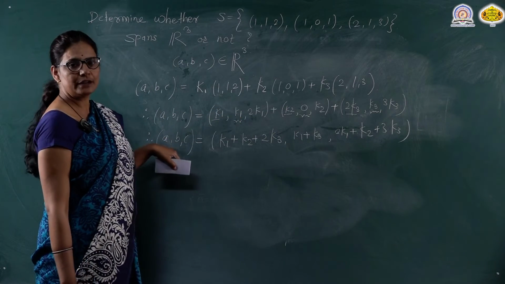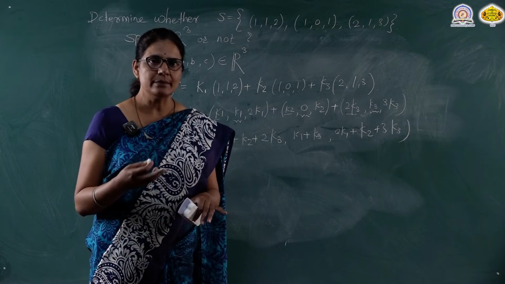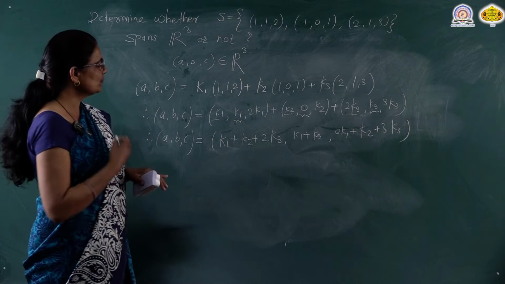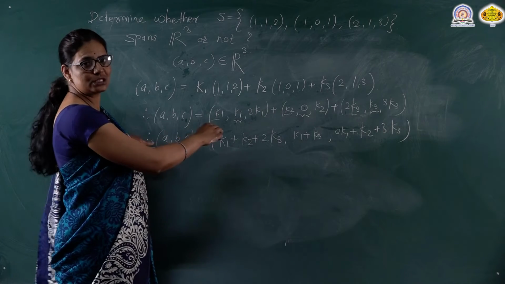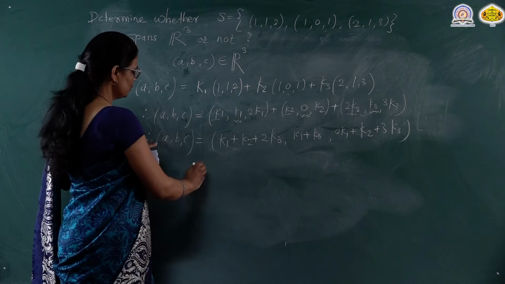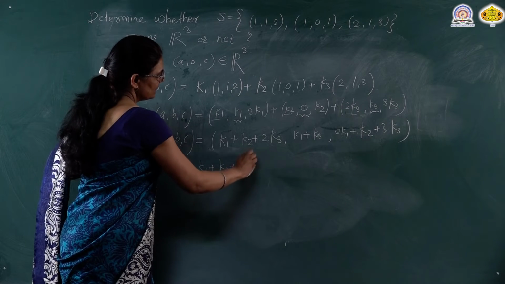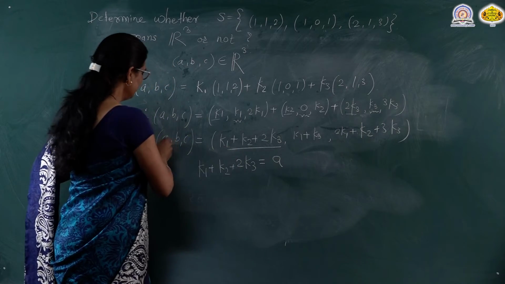As we know, two vectors are equal if the corresponding components are equal, that is, first component equals first, second equals second, and so on. So here we are equating all the components. We get K1 plus K2 plus 2 times K3 equals A from the first component.